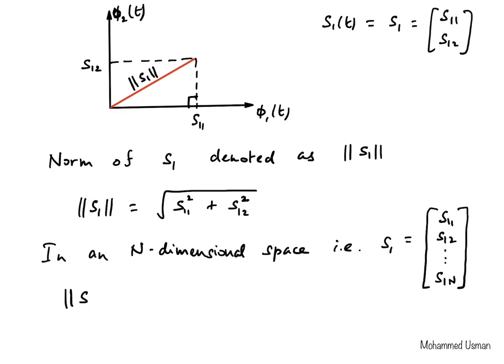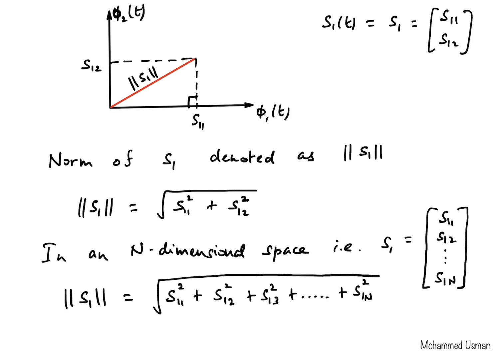In this case, the norm of S1 is equal to S11 square plus S12 square plus S13 square and so on up to plus S1n square, and all these terms are under the root, okay? We are just going to square each of these elements, add them together and take the square root. That gives us the norm of that signal vector S1.